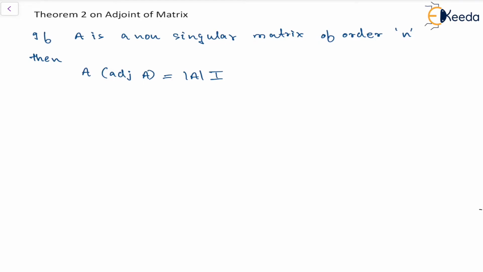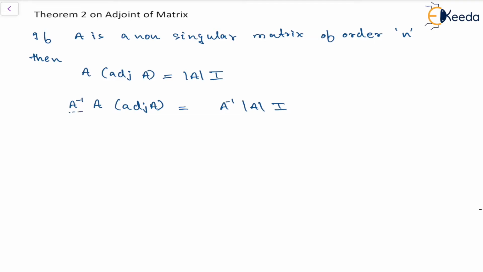So from here what we can do is, what if we multiply A inverse on both the sides, we will get A inverse times A times adjoint A equal to A inverse determinant A times identity matrix.